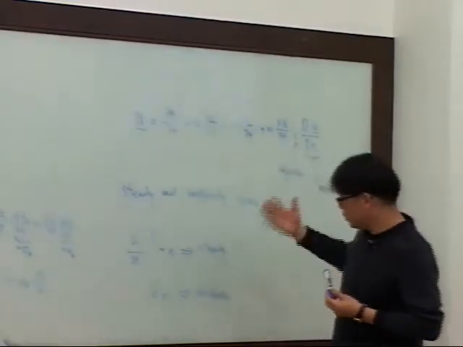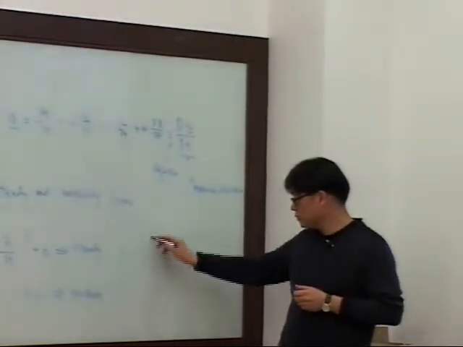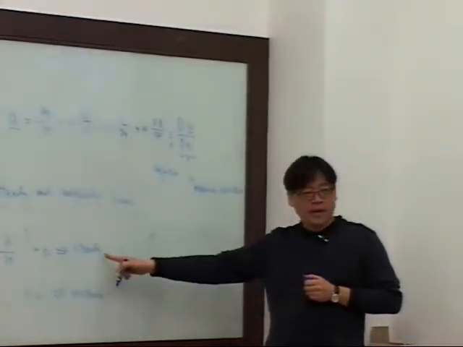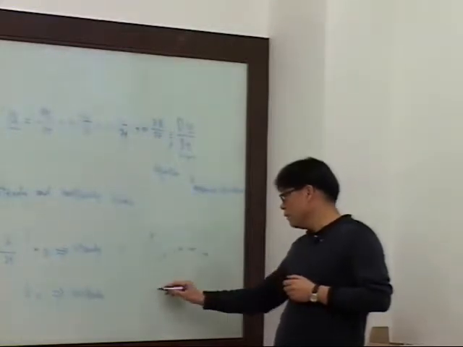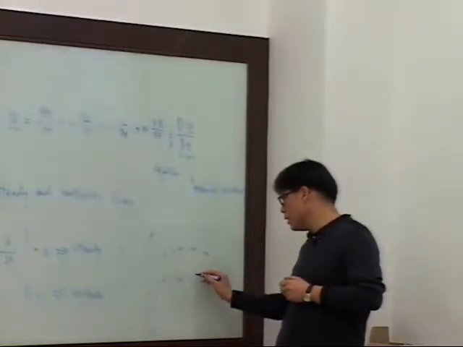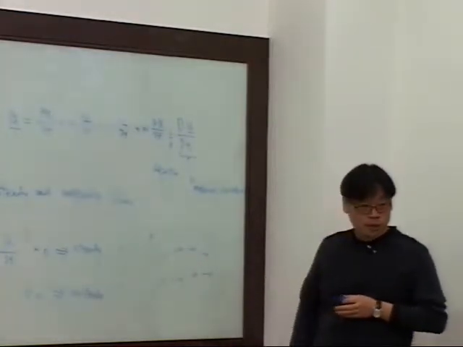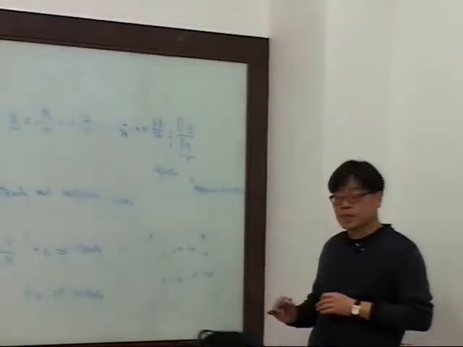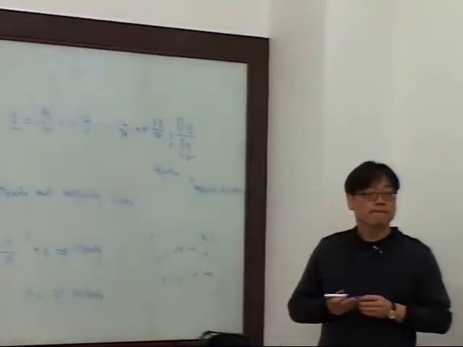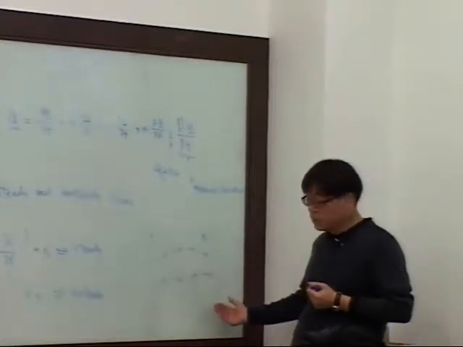So going back to the Eulerian picture, what I mean here is that at a given time I can draw a velocity vector. That's a velocity field representation in the Eulerian description. So this is a given time t, let's say t1. I can draw a velocity field.